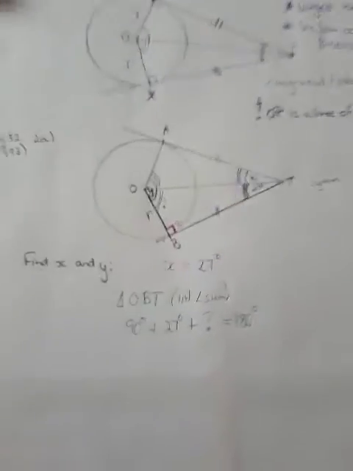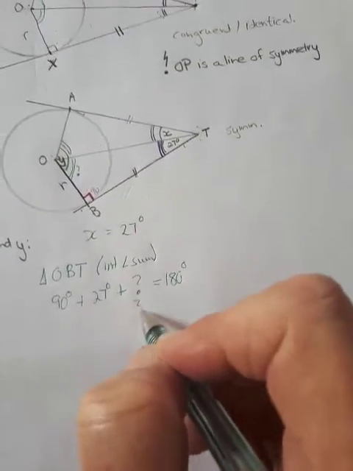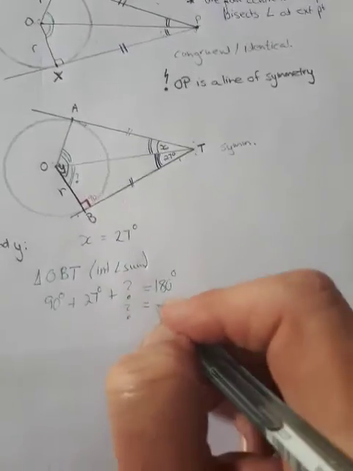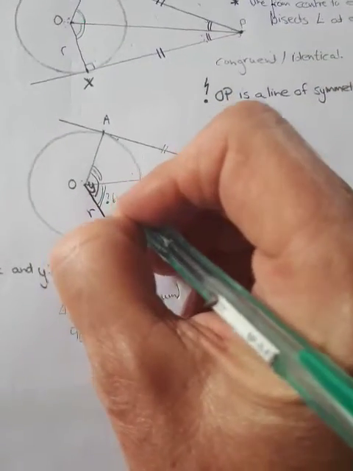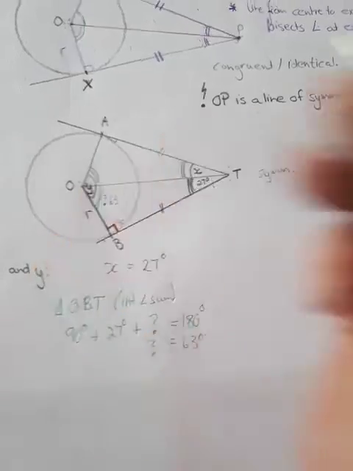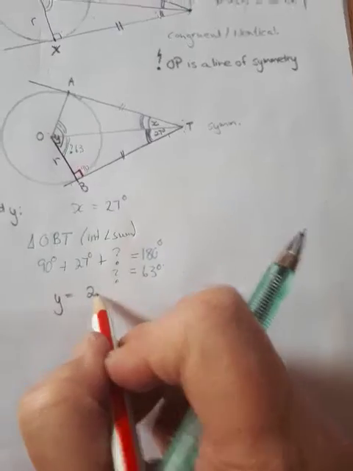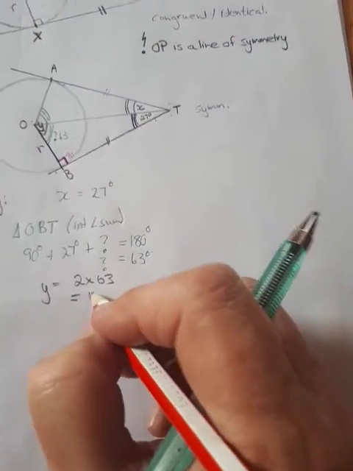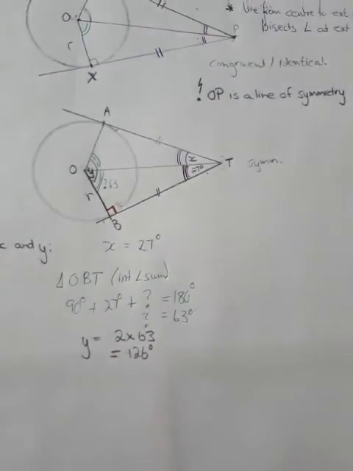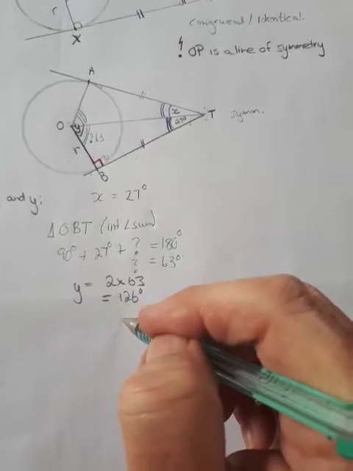When you calculate that, you should get that the question mark is 63 degrees. So look at angle Y, people. Angle Y is twice 63 degrees, and that gives me a size of 126 degrees. So that's the one possible solution.